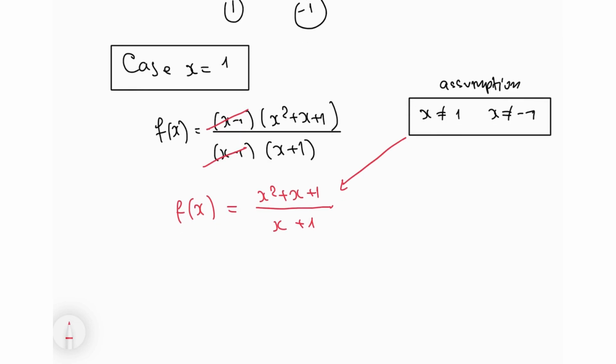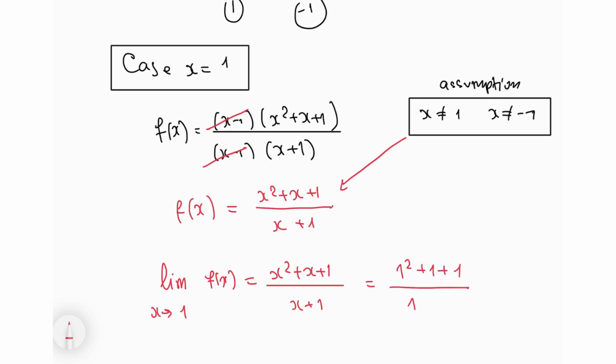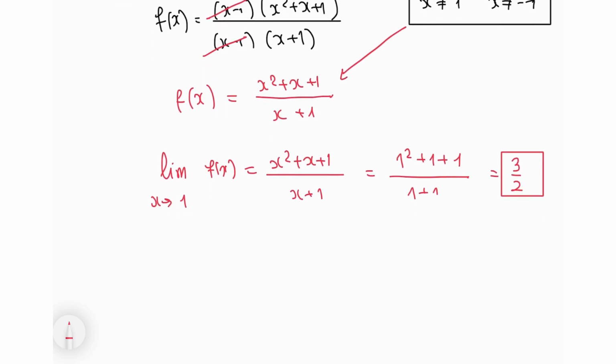When we have this, it is easy to see that the limit when x approaches 1 of f of x equals x squared plus x plus 1 over x plus 1. We can evaluate that: 1 squared plus 1 plus 1 over 1 plus 1, which is 3 over 2. What does this mean?